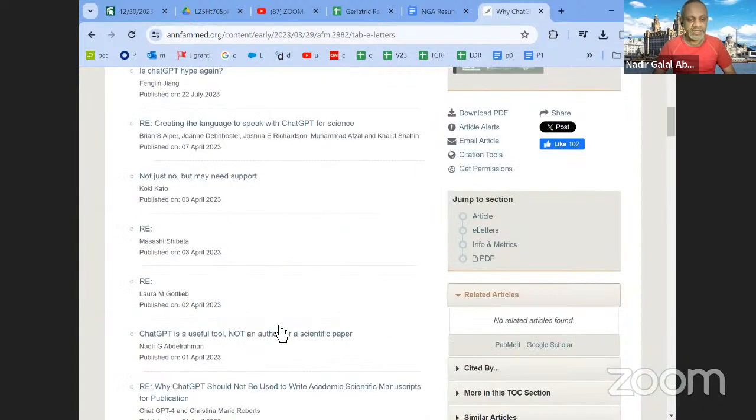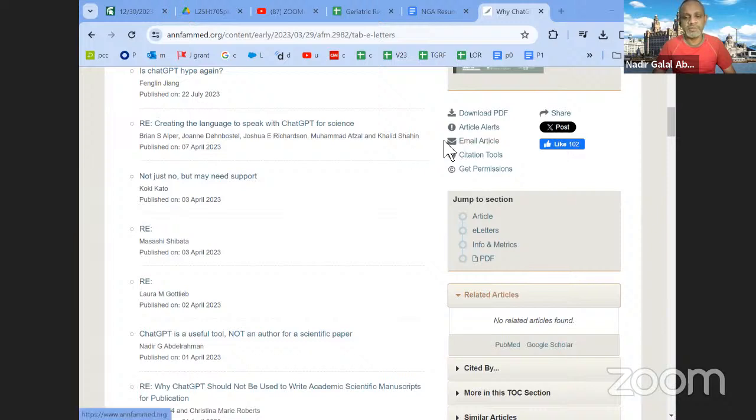In that letter, I explained that this is a useful tool, but we need to use it with some careful limitation. Nowadays, most medical schools are encouraging their students to use ChatGPT, but the limitation is not to use it when you write the whole paper.